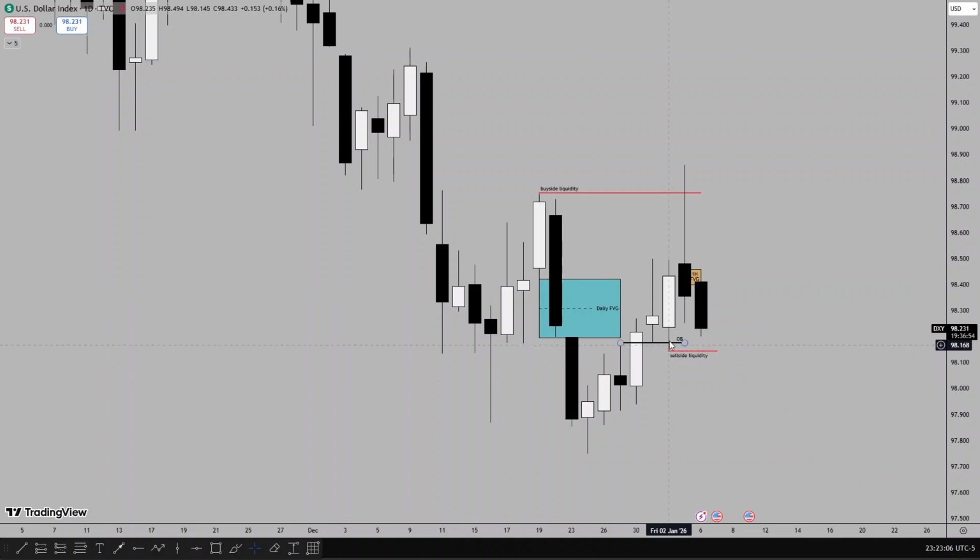Friday's low, you can see here's a swing low. On Friday, price formed a swing low, running out the buy side liquidity after trading through the daily fair value gap to use it as an inversion fair value gap.